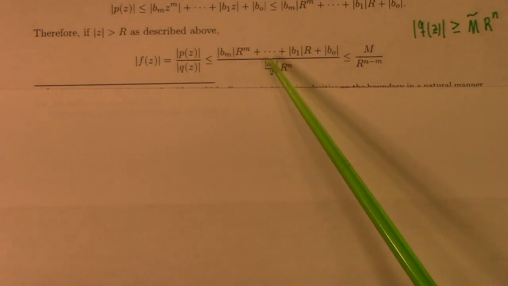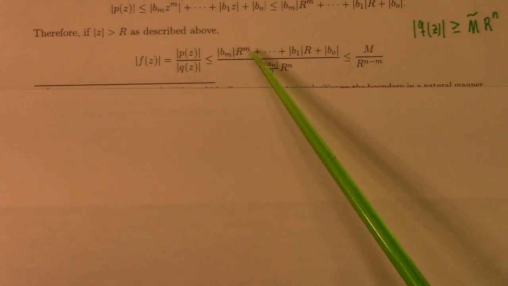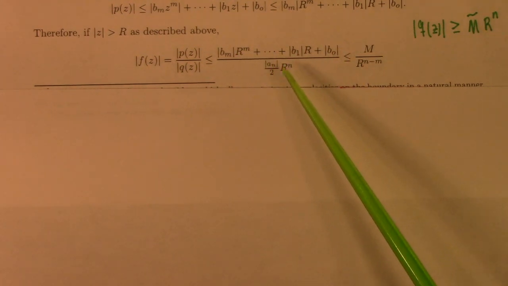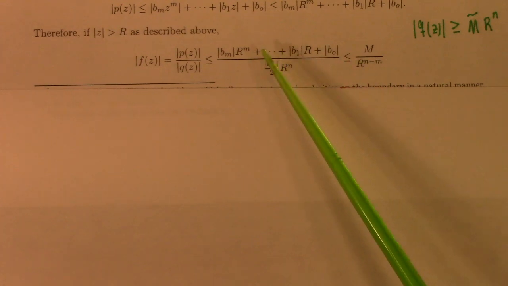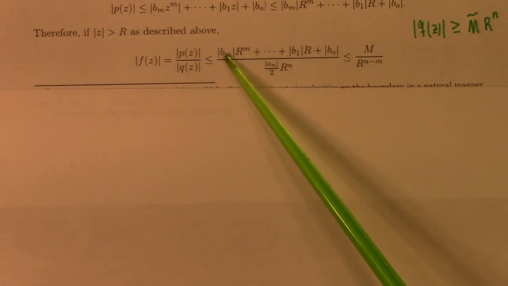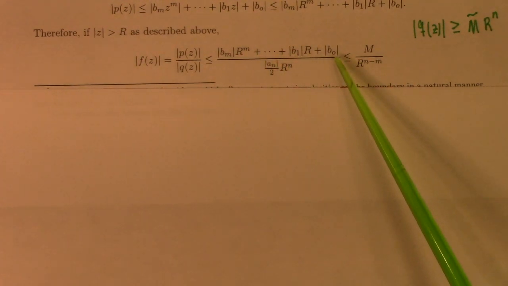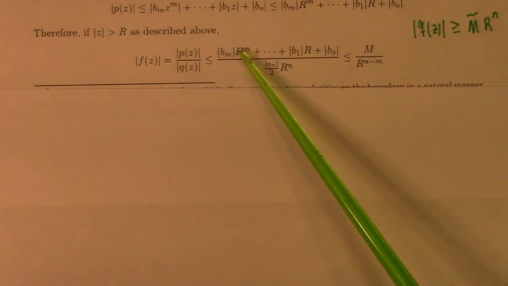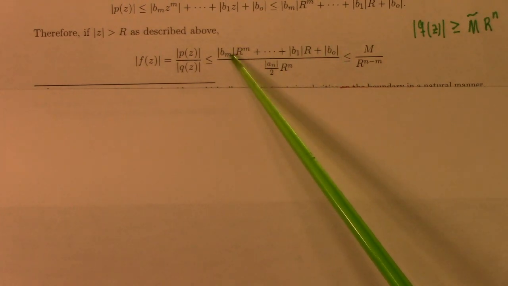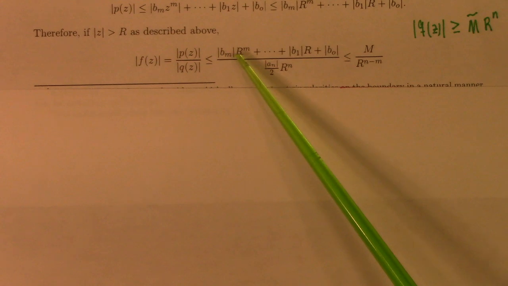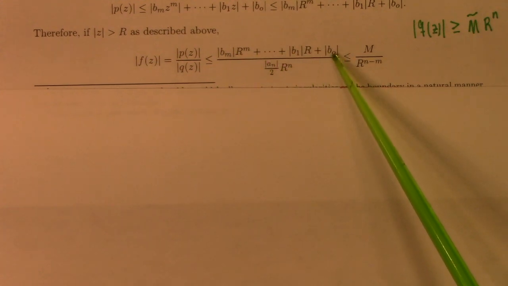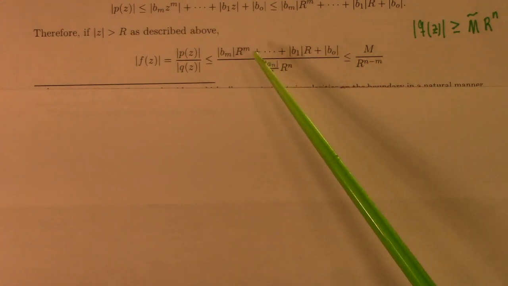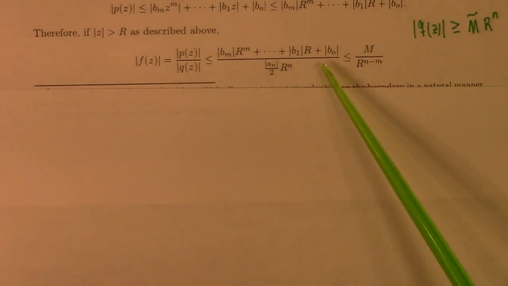And anyway, if you look at all this, I divide the top and the bottom by r to the m, and that gives me just the sum of the modulus of the coefficients divided by r to a power. Basically you've got the modulus of bm, and so on, modulus of b naught divided by r to the m, dividing the top and bottom by r to the m.